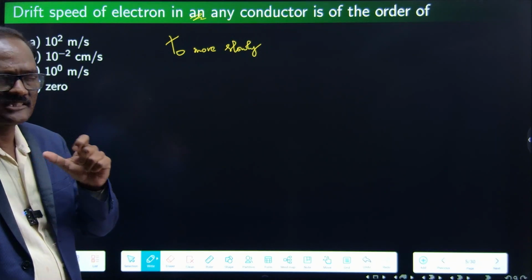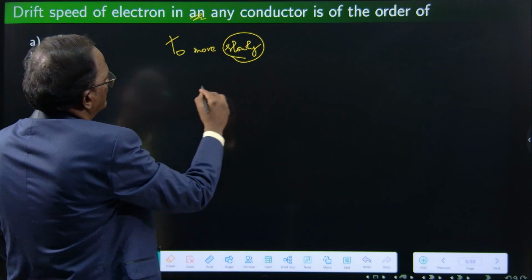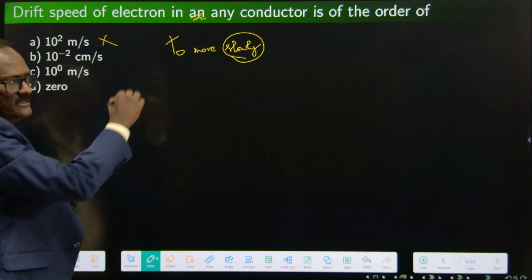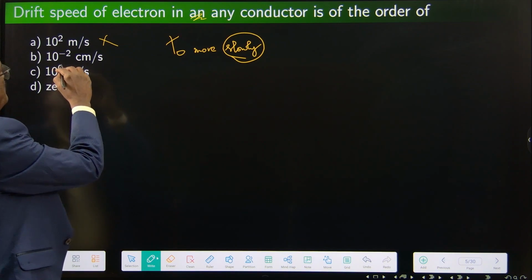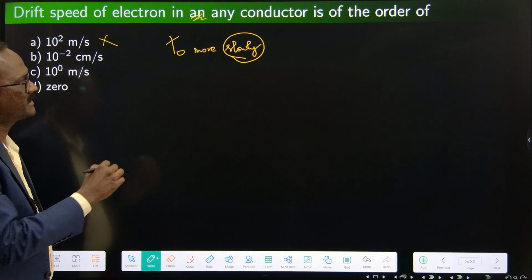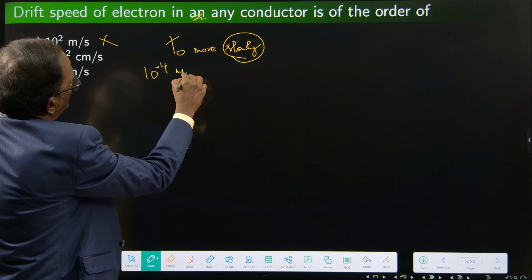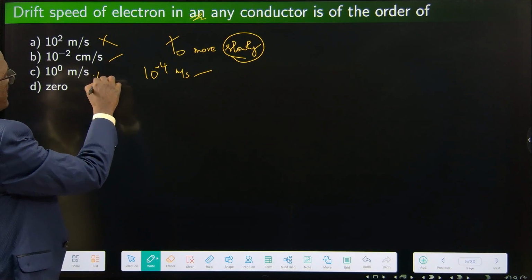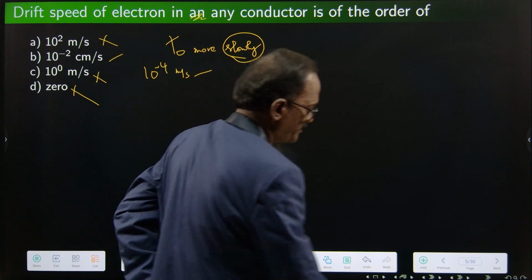So drift speed is 10 power 2? It is a big number, 100. So it is 10 power minus 2 centimeter per second, or 10 power minus 4 meter per second. This is correct. 10 power 0 is 1 meter per second, wrong. 10 power minus 2 centimeter per second.